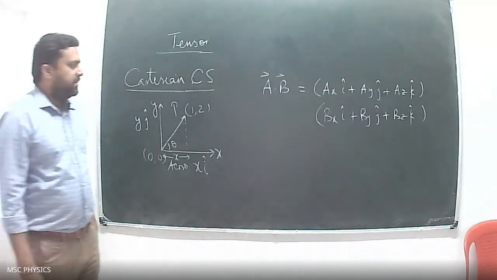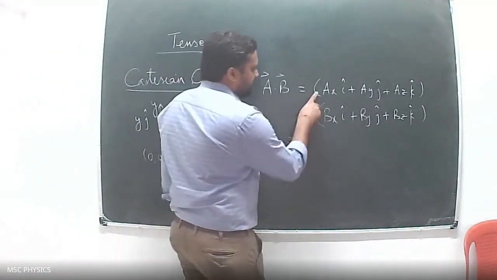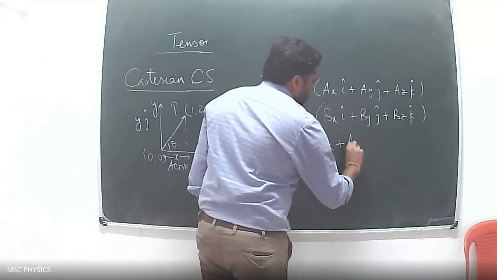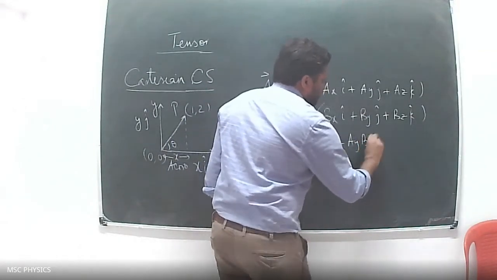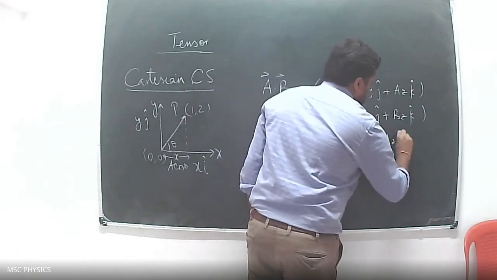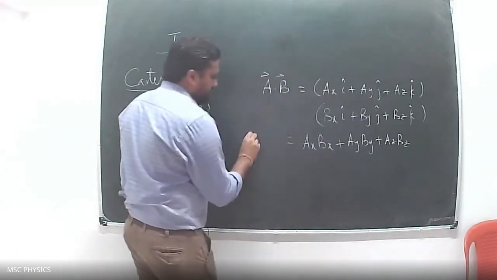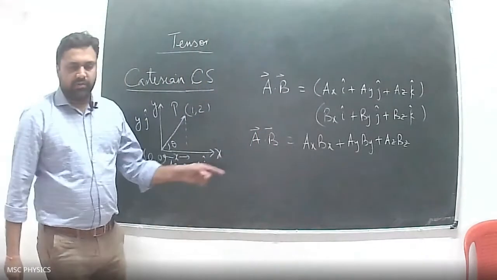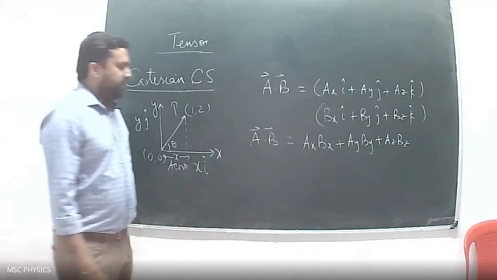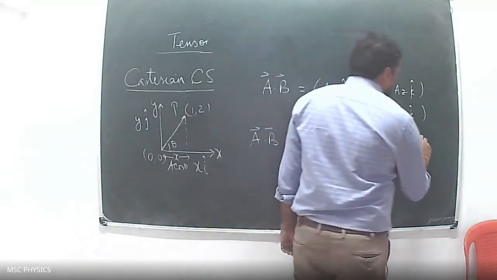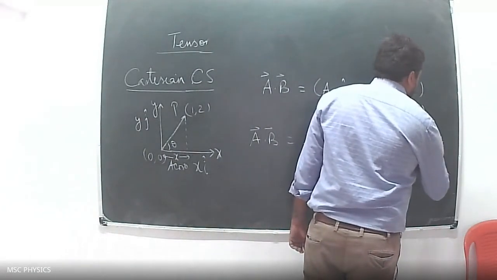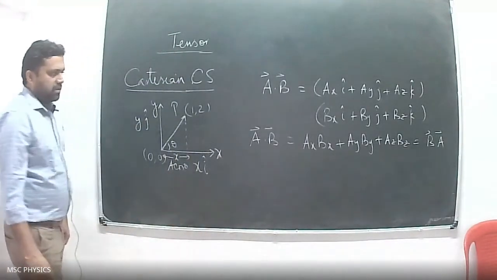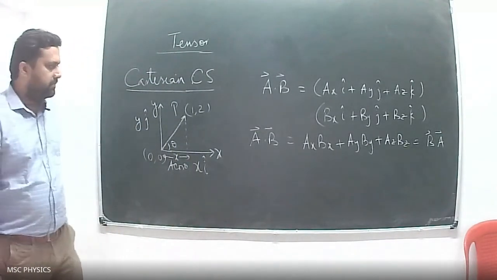Now let us see the dot product. So ax with bx will give you ax bx plus ay by plus az bz. This is A dot B, the projection of vector A on vector B, and we know that this is the same as B dot A. That is for the coordinate system we are talking about, the Cartesian coordinate system.